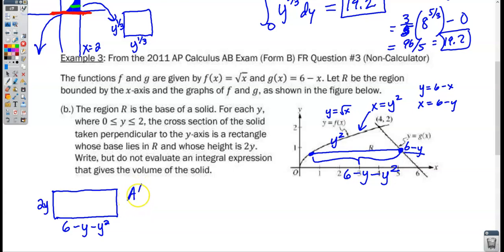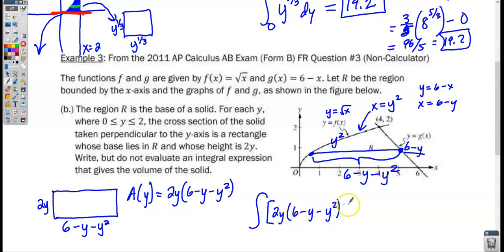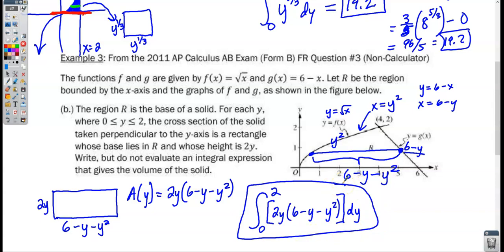The area of one of these rectangles in terms of y is 2y times the quantity 6 minus y squared. So I'm going to have the integral of 2y times the quantity 6 minus y squared with respect to y. And now all I need are my limits of integration. And my limits of integration are going to go from the bottom end at 0 up to the top end at 2. And there is my expression for part B.